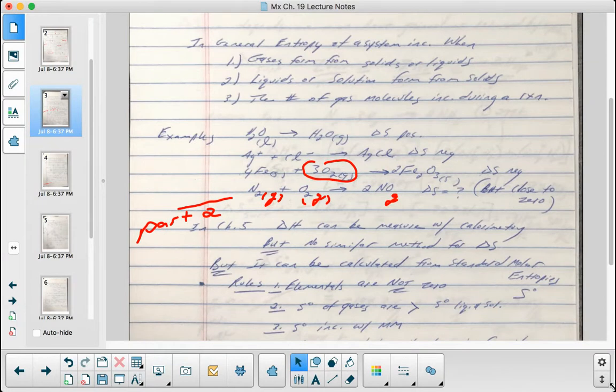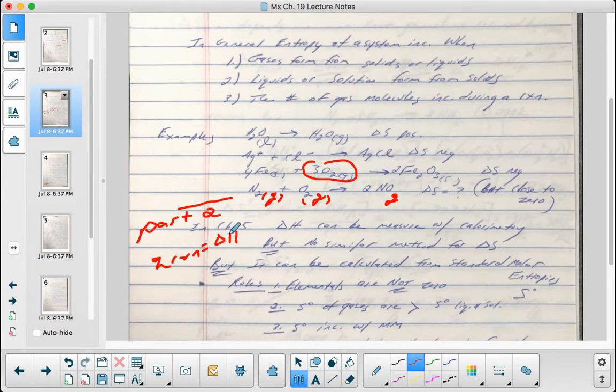So in chapter 5, we talked about delta H, and we said that delta H can be measured with the method of calorimetry because, as we know, Q is equal to delta H. So Q of a reaction is also equal to delta H of a reaction.